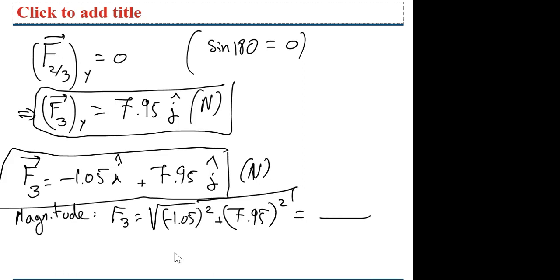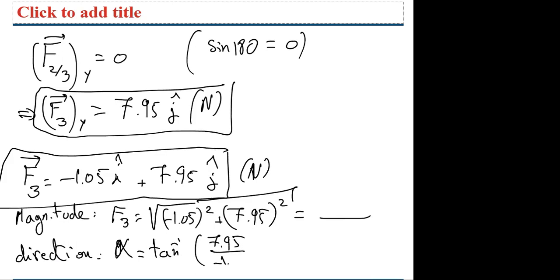The direction of this vector, let's call it alpha, is tan inverse of the y component divided by the x component.